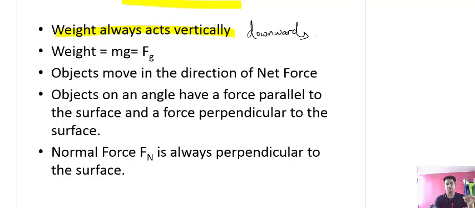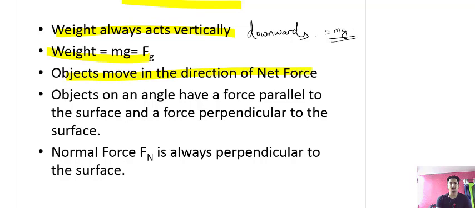Suppose I am having this pen, and when I leave this pen, it will fall downwards because it has mass, and the mass is attracted by the gravitational force, so it will fall downward. That is the weight of the object. The weight force is given by mass into gravity. The formula is mg.